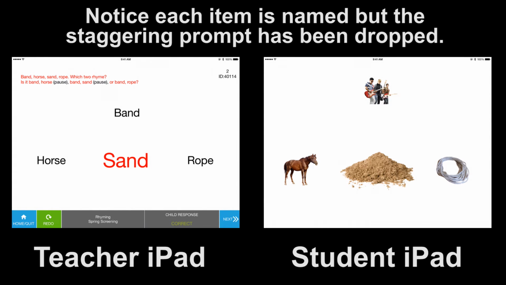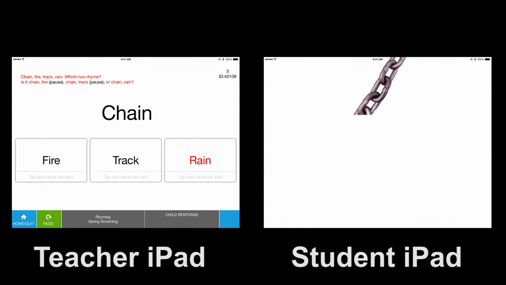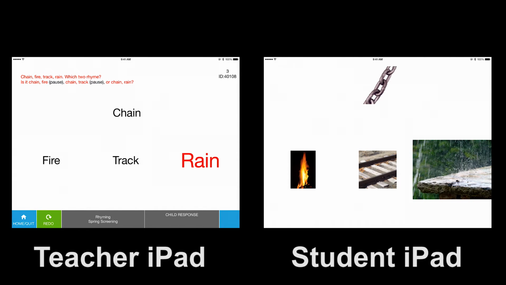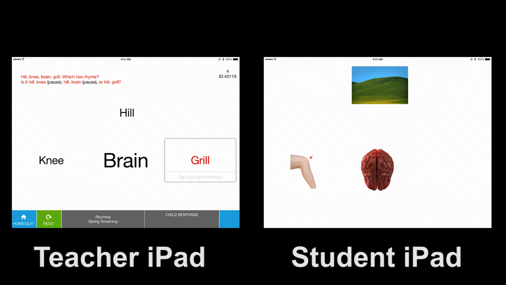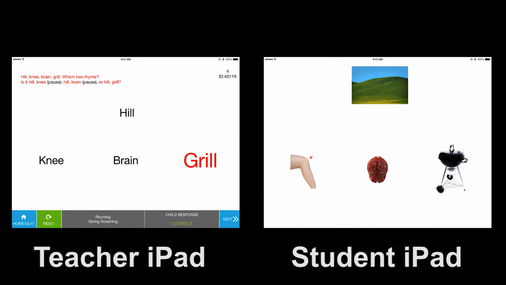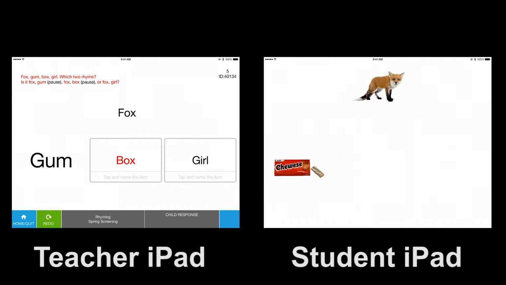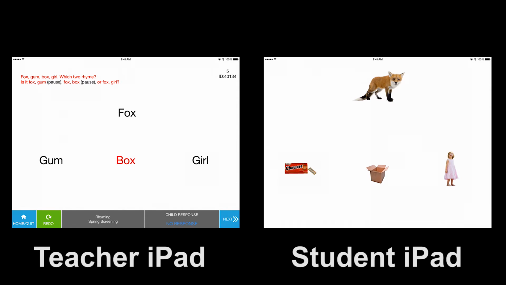Which 2 rhyme? Chain, fire, track, rain. Which two rhyme? Hill, knee, brain, grill. Fox, gum, box, girl.